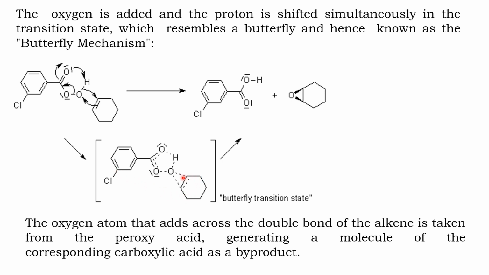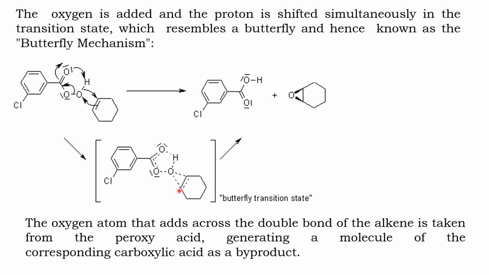See here, I have a phenyl ring here and a chlorophenyl ring here. These two act as wings of a butterfly, while this transition state, the intermediate state, acts as the body of that butterfly. See here, that oxygen attacks the double bond carbon, resulting in the formation of a butterfly transition state.